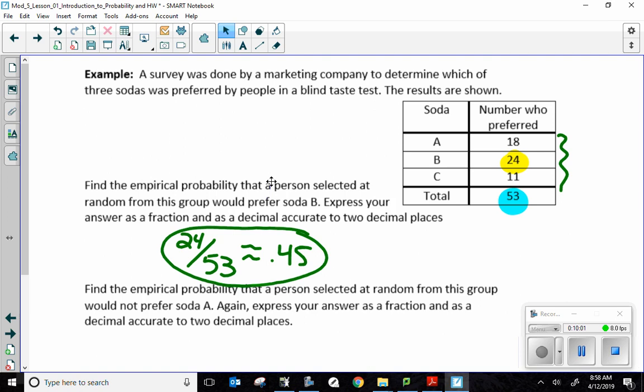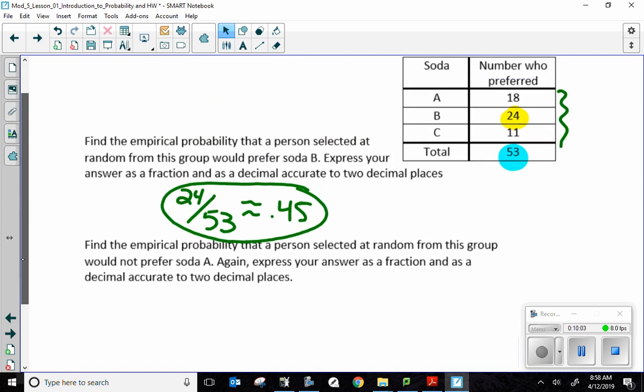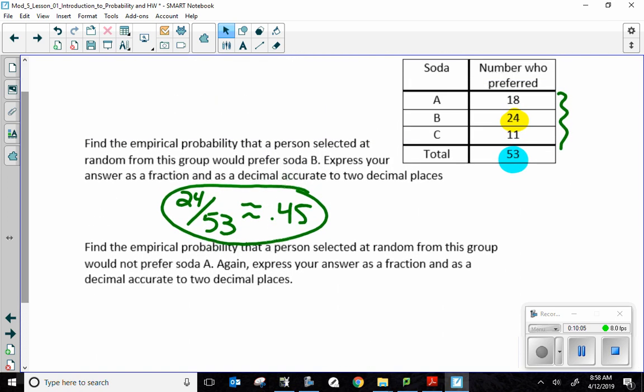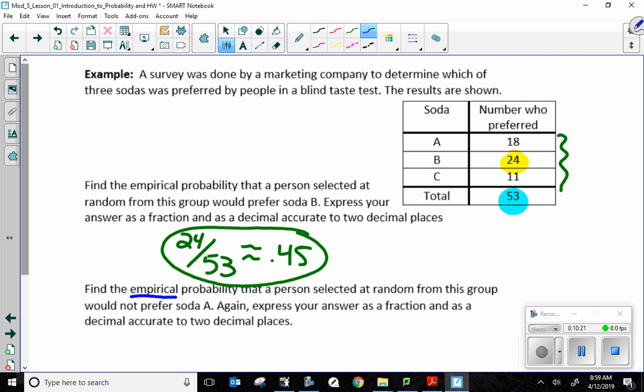The second question. No, there's only two. Find the empirical probability that a person selected at random from this group would not prefer soda A. Again, express your answer as a fraction and then a decimal to 2 decimal places.